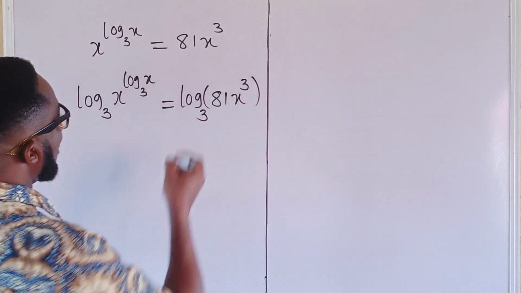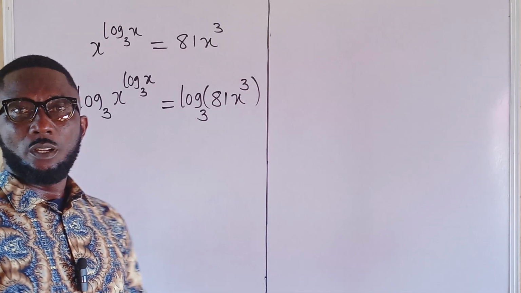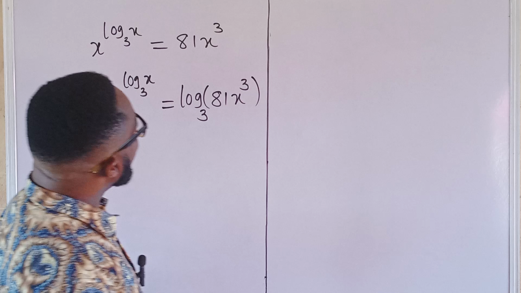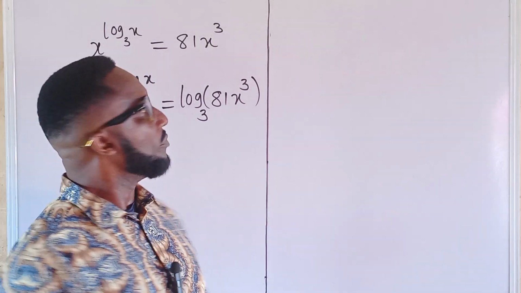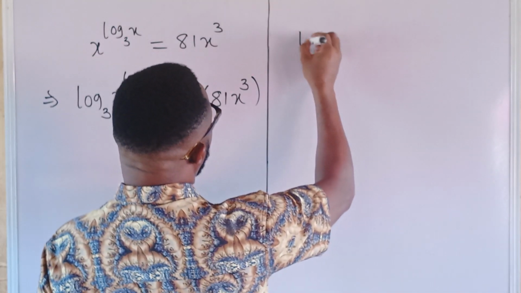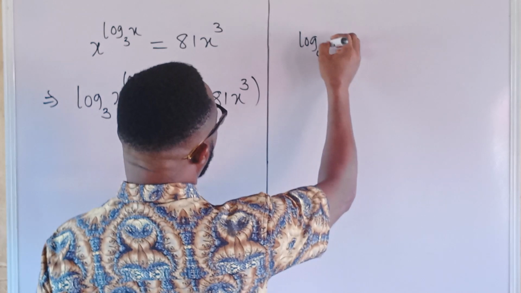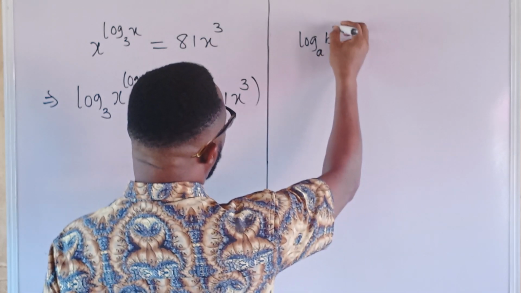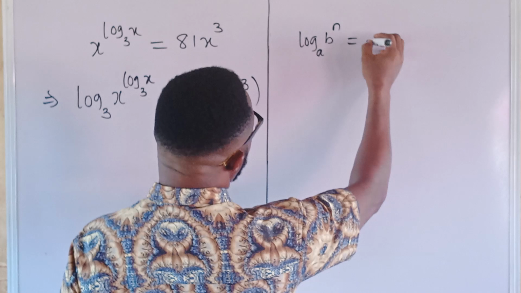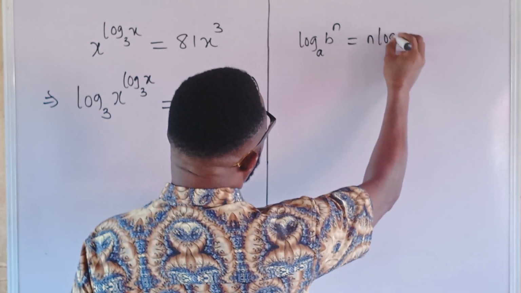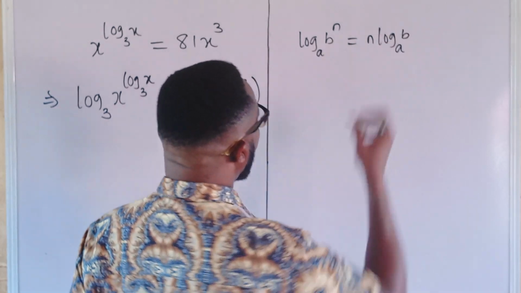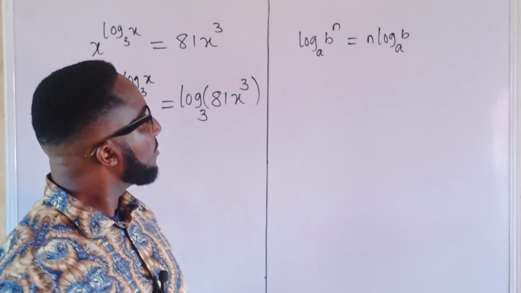Put this in parentheses. Then from the laws of logarithm, I'll consider the power rule and the product rule. If I have log to the base of a of the argument b raised to the power of n, I can write this as n multiply log to the base of a of the argument b. So this is the power rule of logarithm.